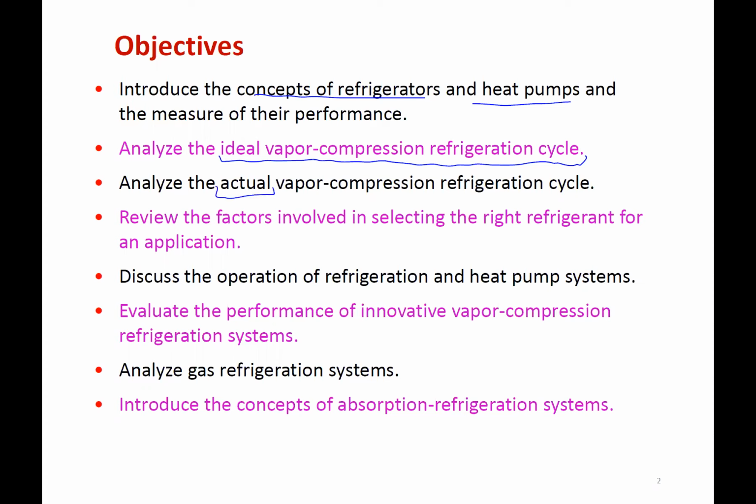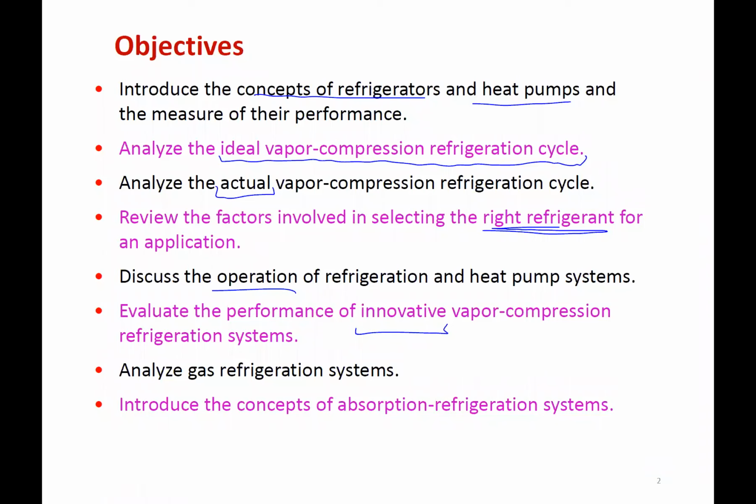Okay. We'll look at factors involved in selecting the right refrigerant, because there are many different types of refrigerant. We have R134A in the back of our book, but there are many others. Okay. We'll also look at the operation of refrigeration and heat pump systems, and when we have innovative or different vapor compression refrigeration systems, how do we look at them and analyze them?